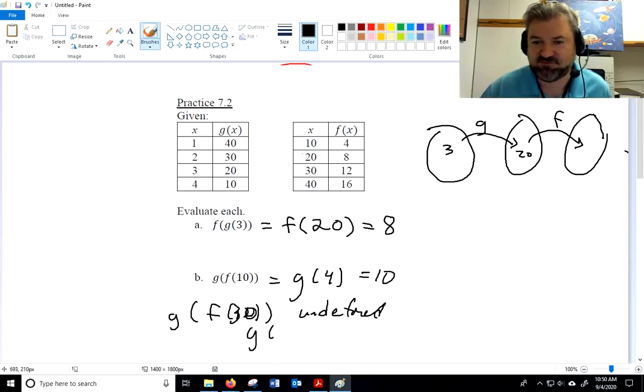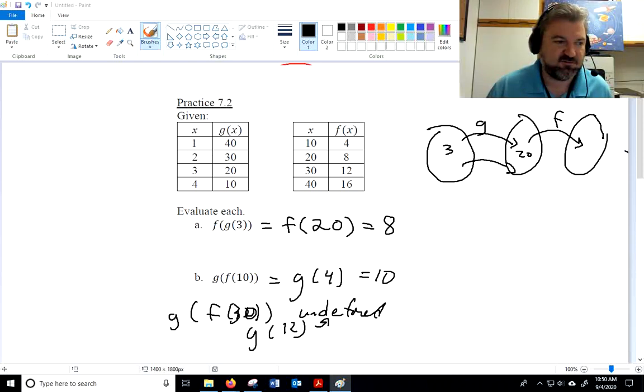F of 12 is undefined as well, but 30 is in the domain of f, but it maps to 12. But 12 is not in the domain of g. So when you do function composition, you can see that sometimes you'll be able to go the first trip, but then you end up in a place where it's not in the domain of the next function and it doesn't work. So function composition can have some limiting effects on your domain.